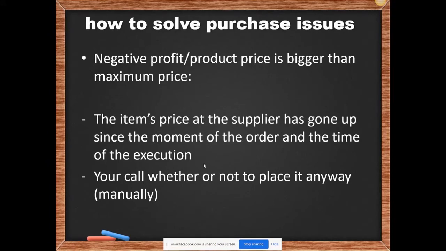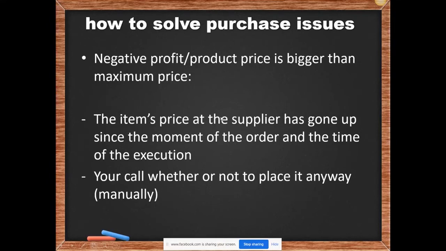So when you work with such a dynamic supplier like Amazon, where prices are constantly changing, sometimes by the minute, the price could change upwards, and then you actually lose money.